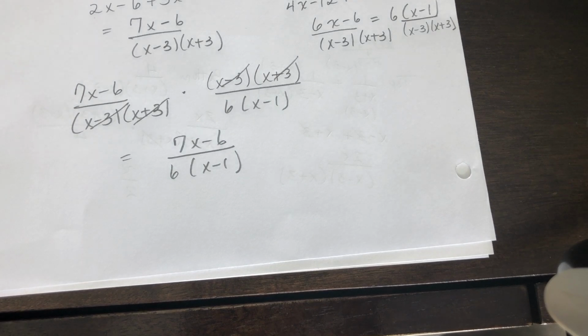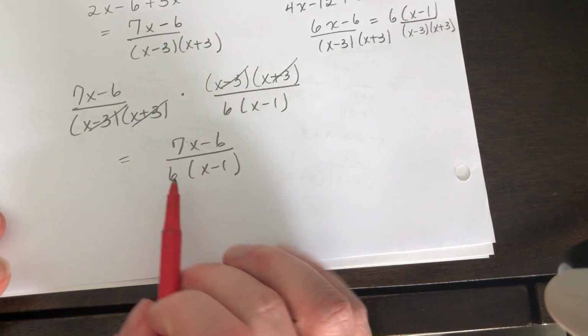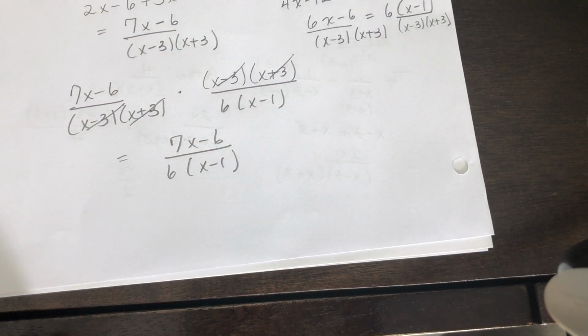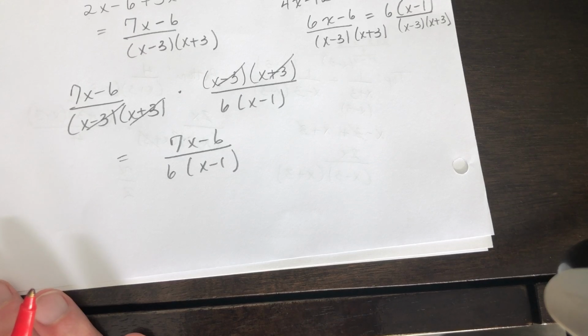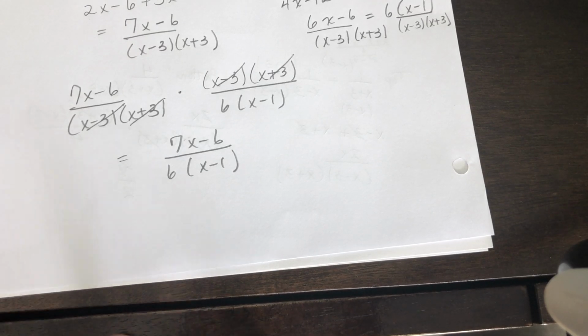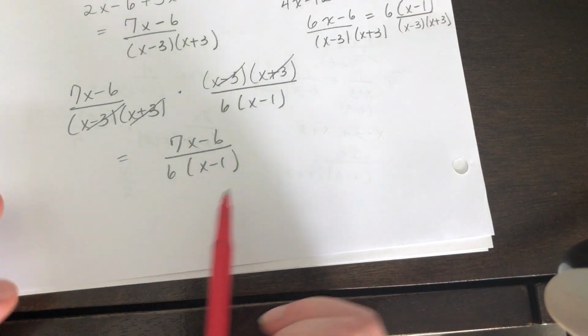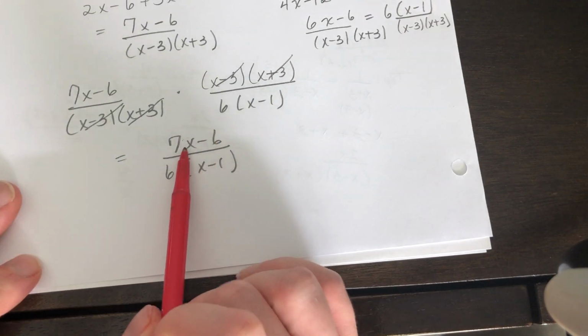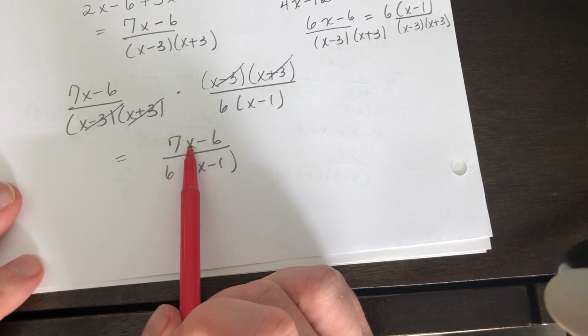Don't ever try and cancel anything across an addition or subtraction sign unless it's the same exact term in all 3 terms. So make sure you do not do that. It's a horrible habit, horrible math, and it's going to cause you a lot of problems in the future. So make sure that when you go to cancel something, it has to be in every single term if you're canceling across an addition or subtraction sign.